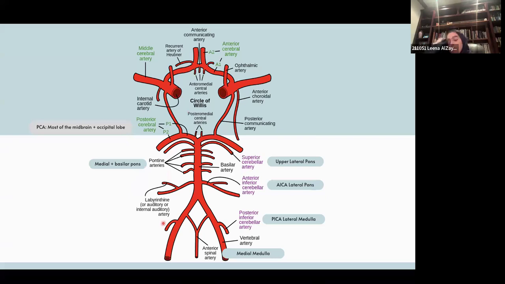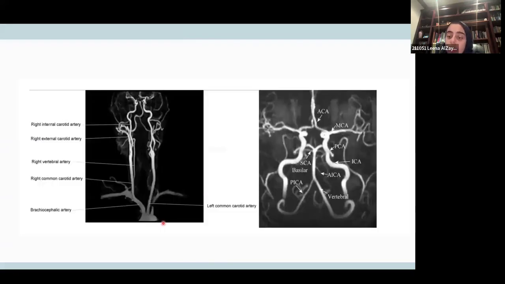This is the blood supply that we already talked about and how the circle of Willis works. Now you just have to identify them here. We have the two vertebral arteries, and the basilar artery connects to them. The basilar artery divides into the posterior cerebral artery, and then the internal carotid artery gives off the middle cerebral artery, and it also gives the anterior cerebral artery, and this creates the whole picture.